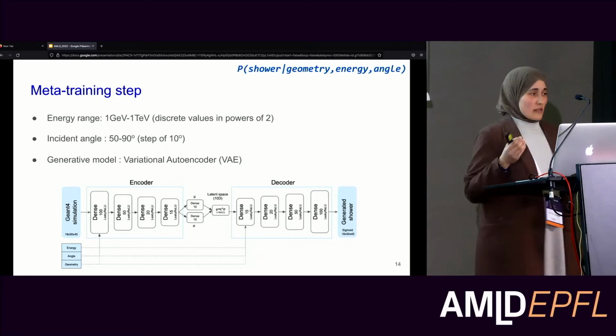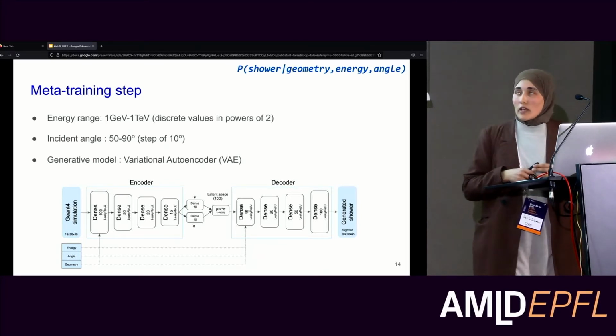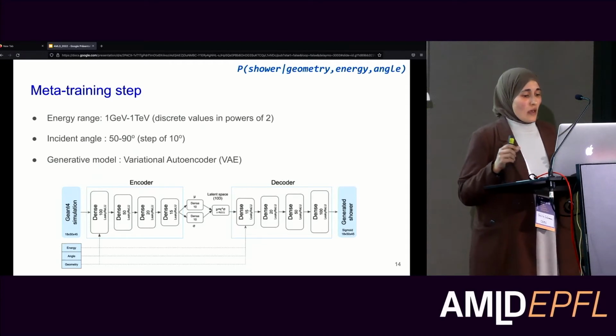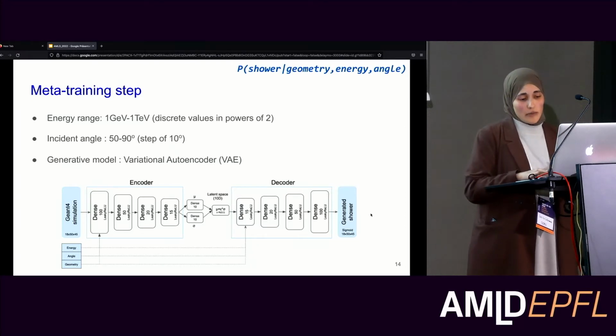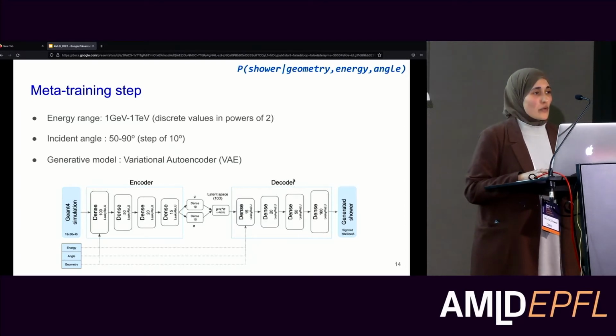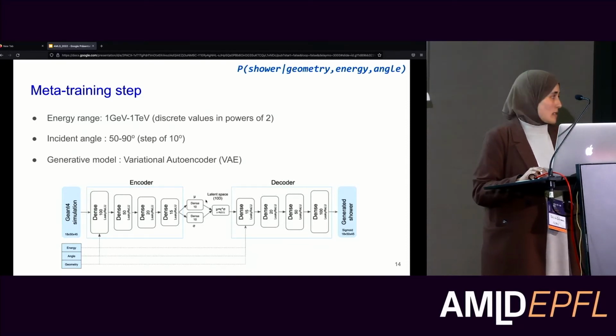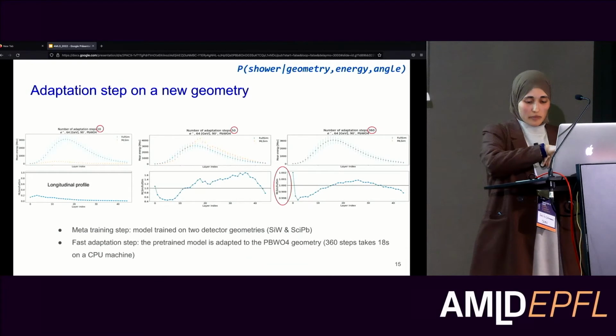You can guess that what we want is a generative model. So we are using a variational autoencoder, which is two networks. The encoder learns a mapping of the shower into a lower dimensional space, and the decoder reconstructs the input shower using this latent representation.